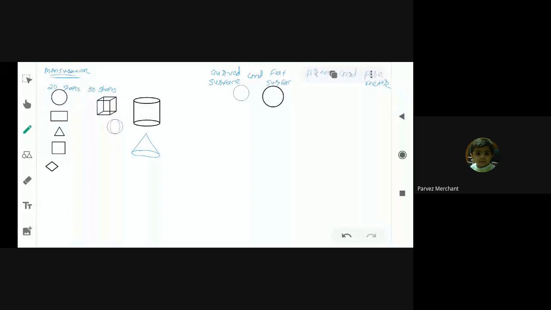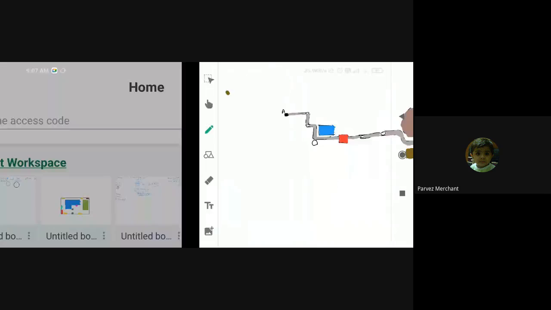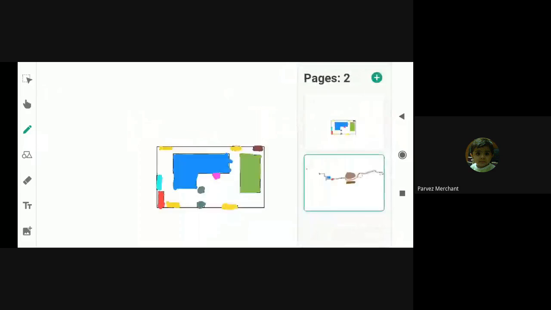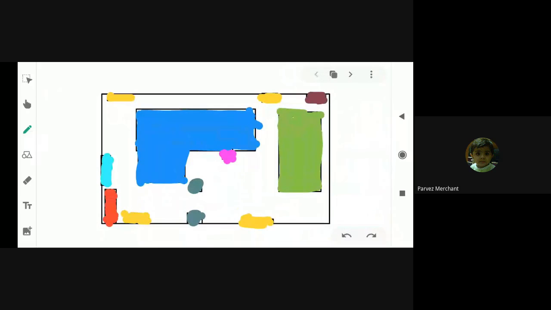For example, the area of Mehdi school and the perimeter of Mehdi school. So I am just giving you an example about this. You can see it is the map of our school. If you want to find the perimeter, you walk on this border line.